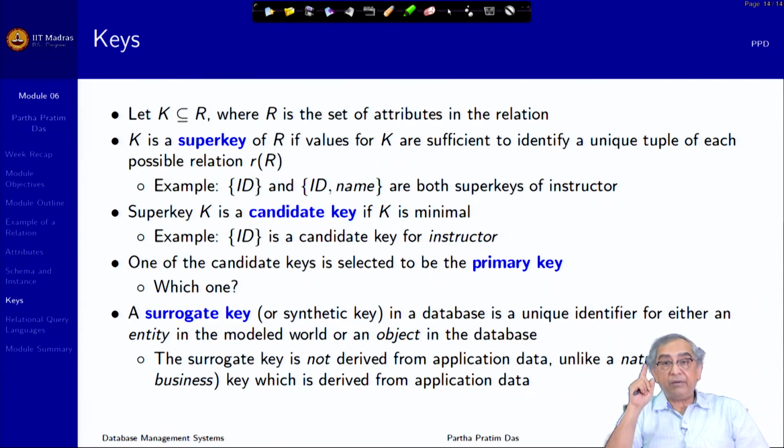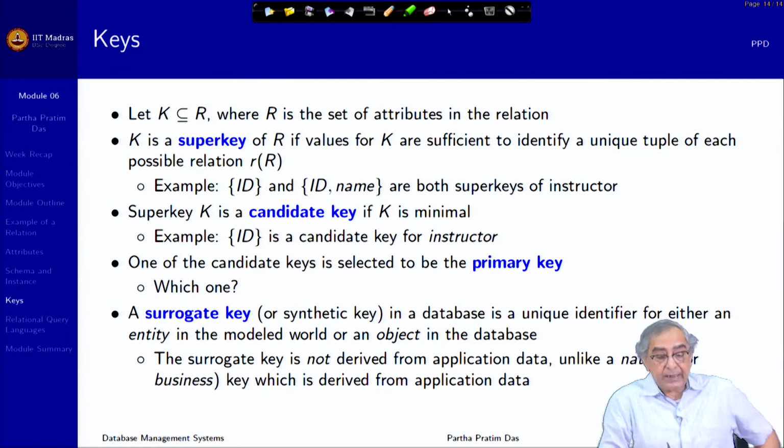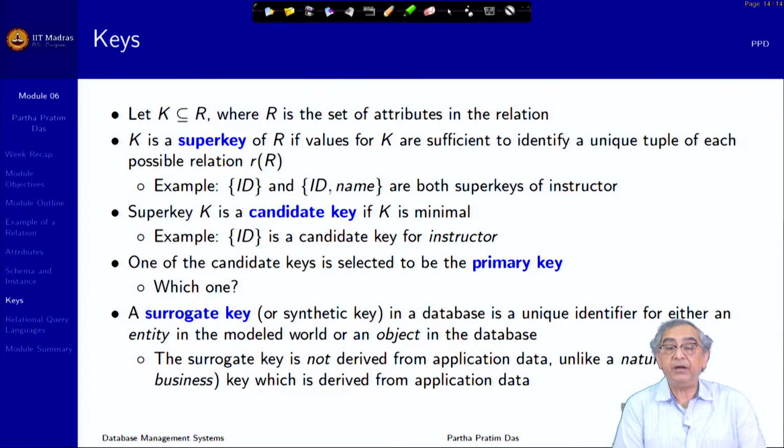Two students cannot have an identical roll number, two Indians cannot have an identical Aadhaar number, and so on. So I can say that ID is a super key of instructor, but anything which is bigger than ID, say ID and name, will also be a super key, right.